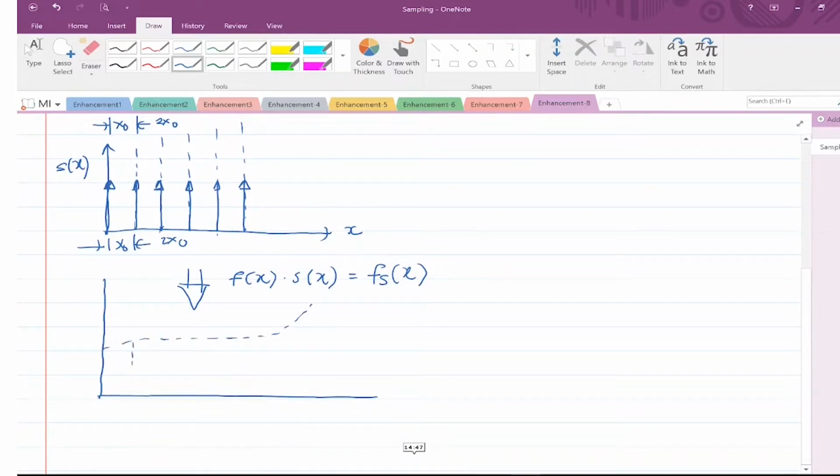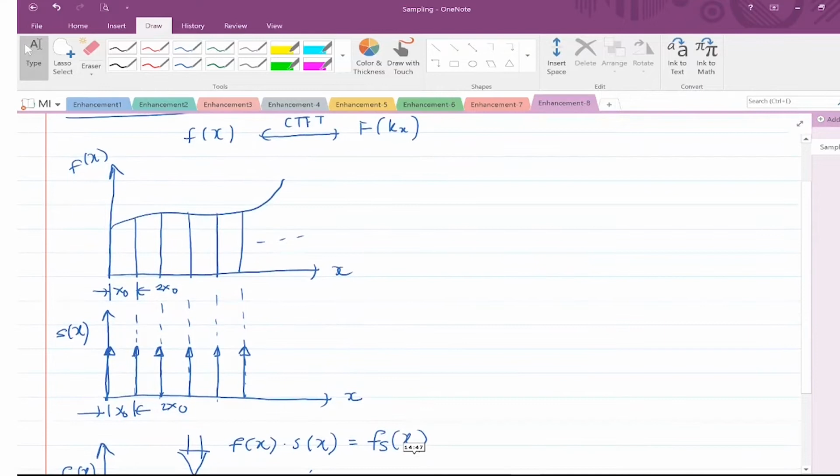Now you are retaining its values at integer multiples of x naught. So you have this function value at 3x naught, let's say, and this is 4x naught, and so on. This is your x. Let's call this function fs of x.